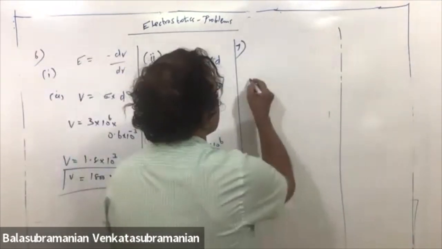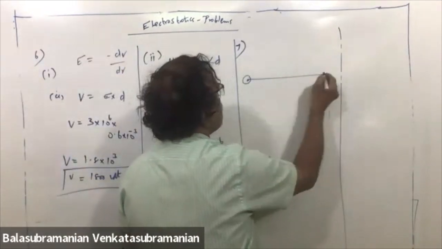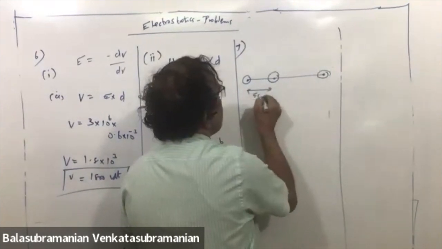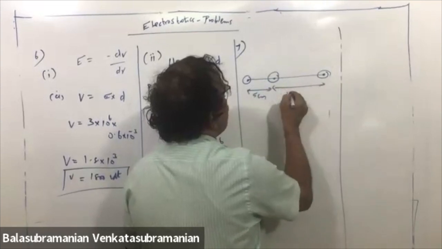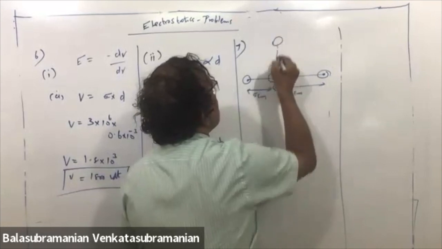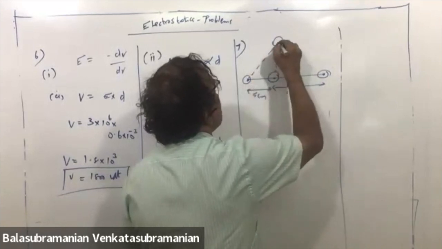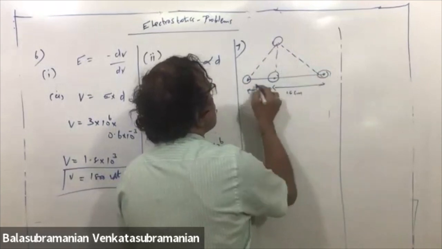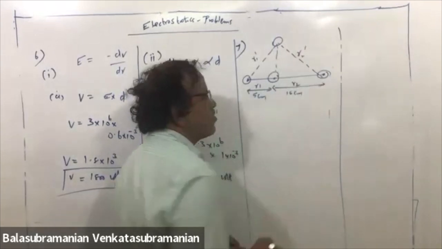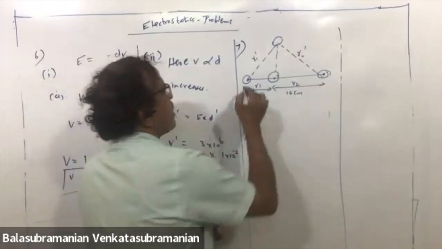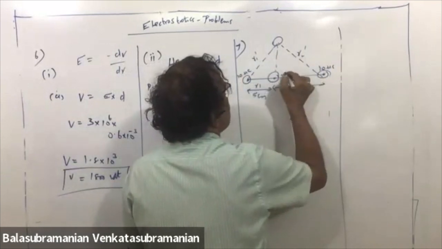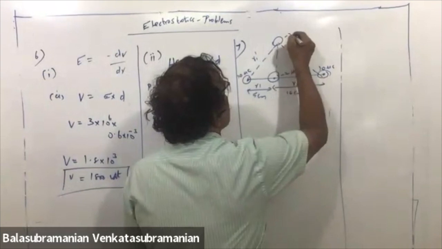Two charges. Third charge. This is 5 centimeter, 15 centimeter. This is R1, this is R2, R1 dash, R2 dash. 10 microcoulomb, 10 microcoulomb, minus 2 microcoulomb.